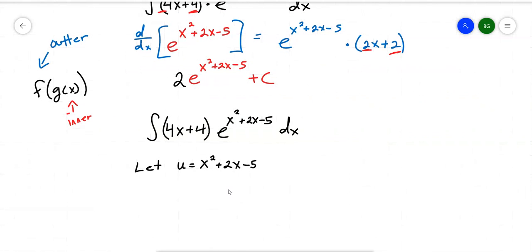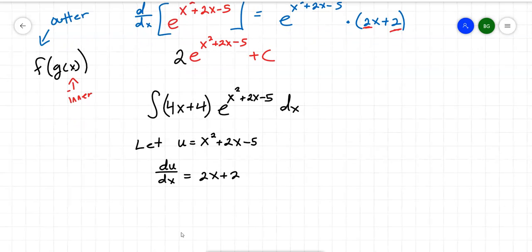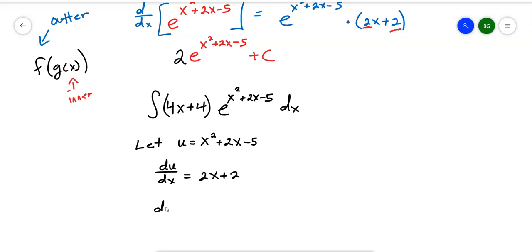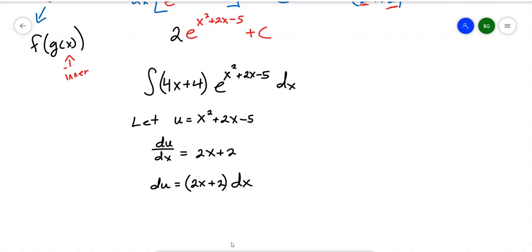Before we start going about our business, we're going to want to take the derivative of u. So the derivative of u with respect to x is going to be 2x plus 2. Let's go ahead and multiply through by dx. At this point I like to start swapping things out.